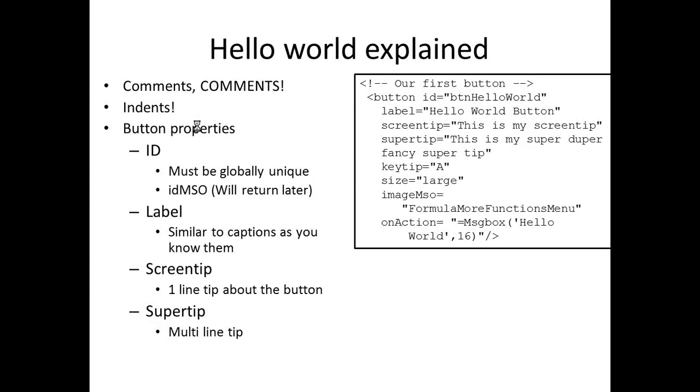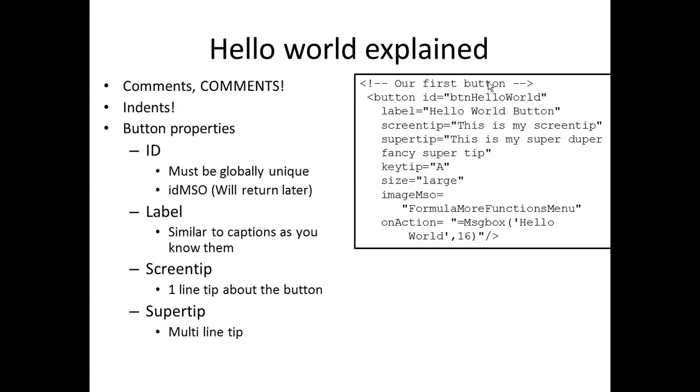So this is the XML of the Hello World button. Now the first part we have is actually a comment. And we can write comments in our XML, and I strongly recommend doing that, otherwise it can be quite difficult to read it back later. I also strongly recommend using indents so that you can see what goes together, when the button starts and when it ends.